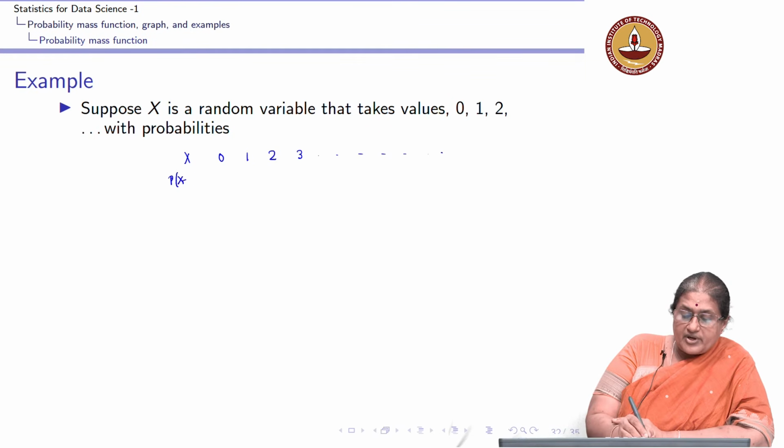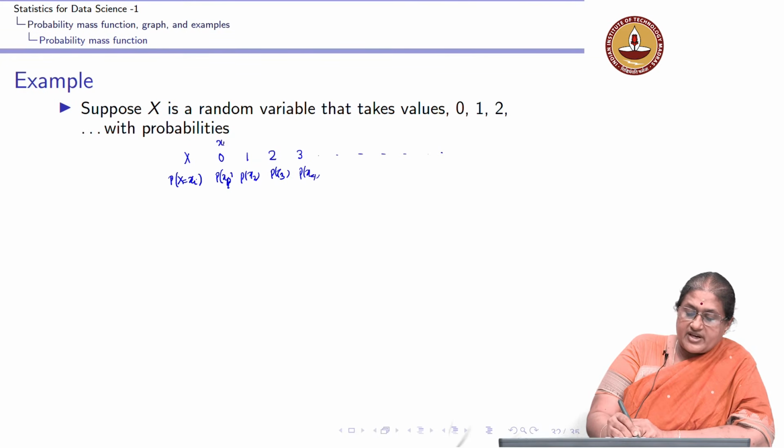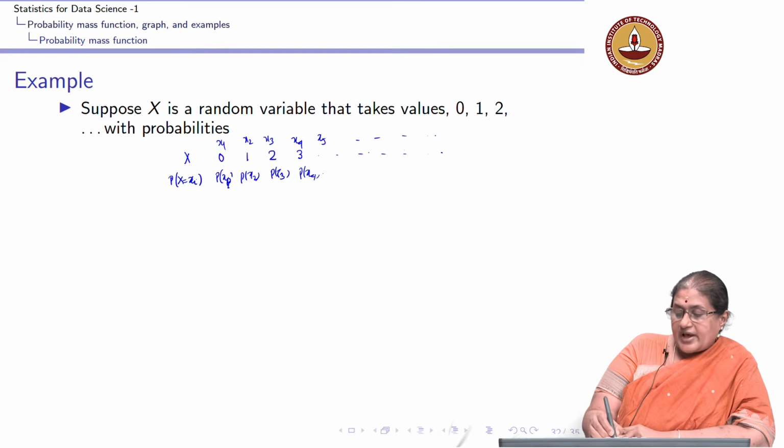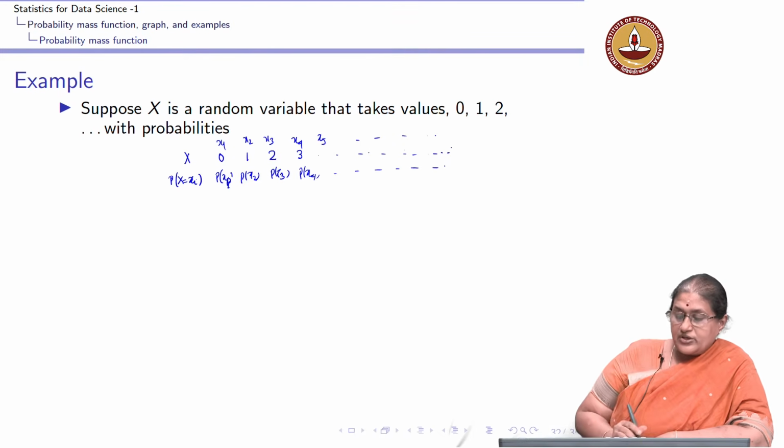Let me write probability X equal to xi: probability of x0 or x1, x2, probability of x3, probability of x4. So, this is my x1, x2, x3, x4. I do not have a finite number of values.